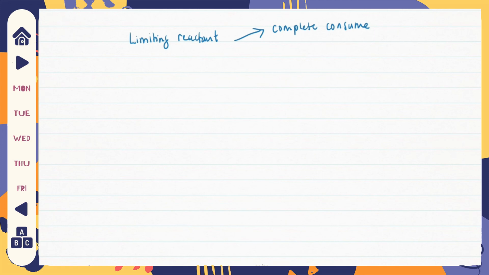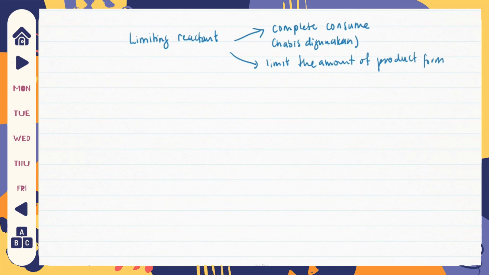Maksudnya apa? Habis digunakan. Dan limit the amount of product formed. Maksudnya apa? Dia akan tentukan bilangan produk yang terhasil.